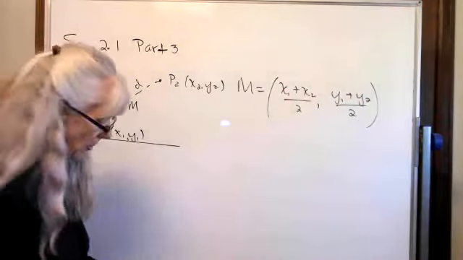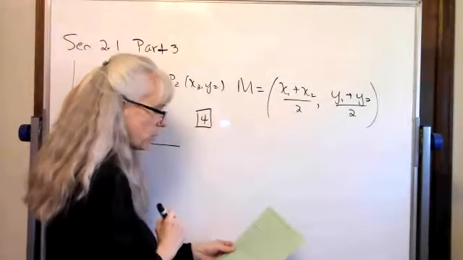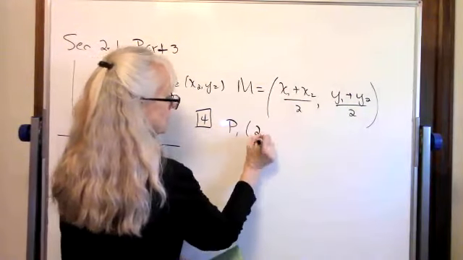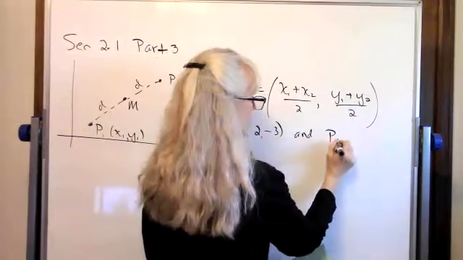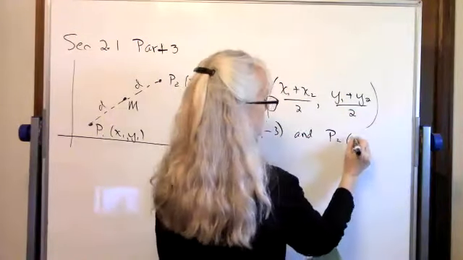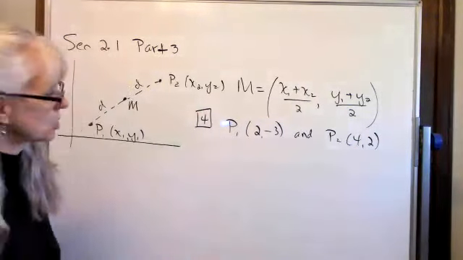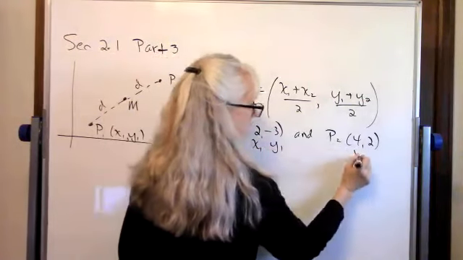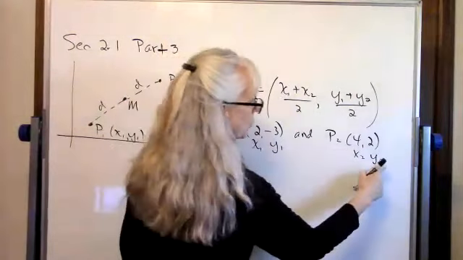Okay, in example 4, we're being asked to find the midpoint of the line segment joining the points P1, which is at (2, -3), and P2, which is at (4, 2). So here are 2 points. Let's find the one that's halfway between the two of them. So I'll label again just to get us back into that practice. So x1, y1, x2, y2.